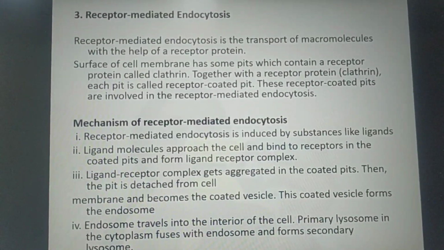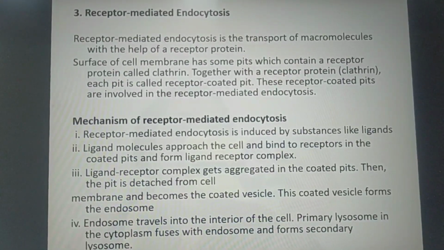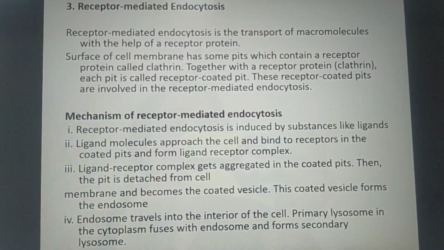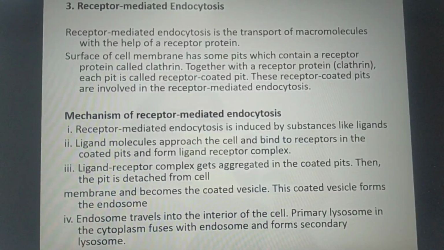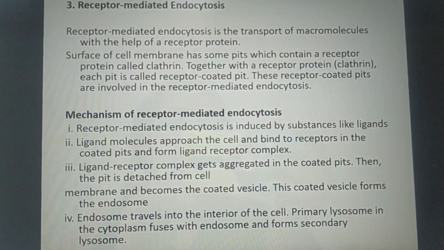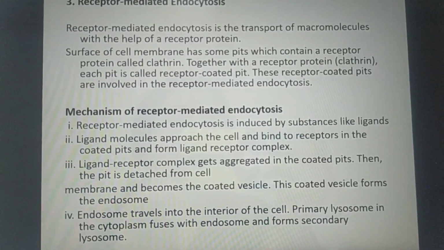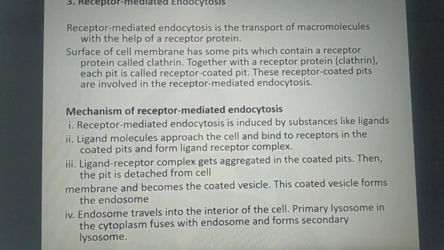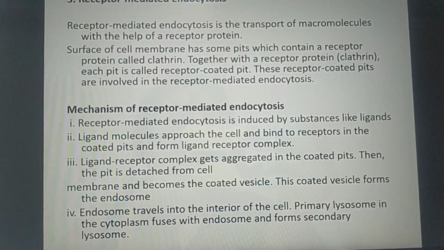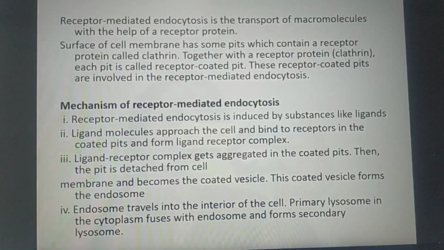How it works? The receptor-mediated endocytosis is induced by the substances like ligands. Ligand molecules approach the cell and bind to receptors in the coated pits and form the ligand-receptor complex. Now ligand-receptor complex gets aggregated in the coated pits. Then the pit is detached from the cell membrane and becomes the coated vesicle.